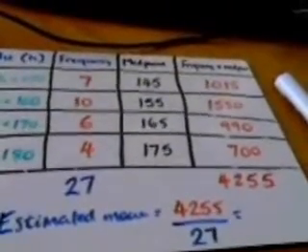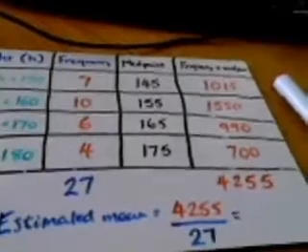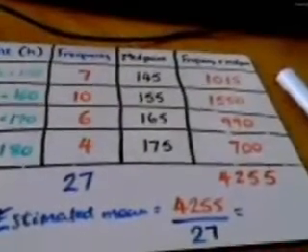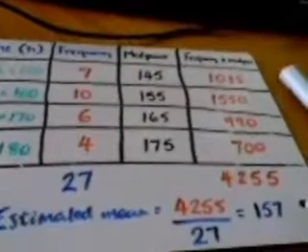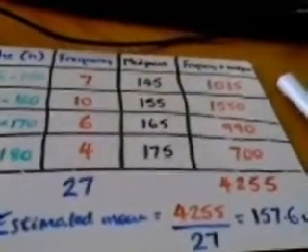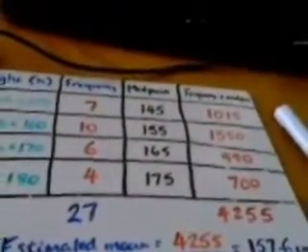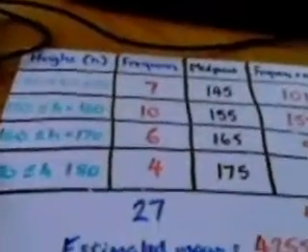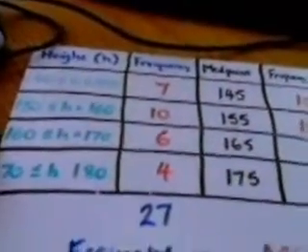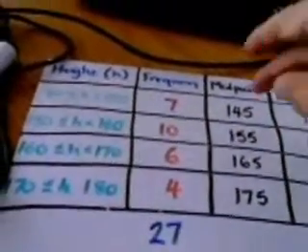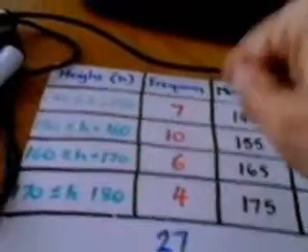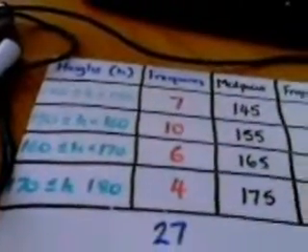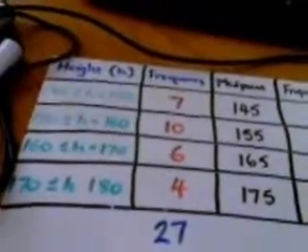On my calculator, 4,255 divided by 27 gives me an estimated mean of 157.6 centimeters. So very similar to the example with the frequency table, but what we have to do with group frequency data is find the midpoint for each class interval, and that represents an estimate for each of the people in that category. The reason for that is because we've lost sight of the original data.